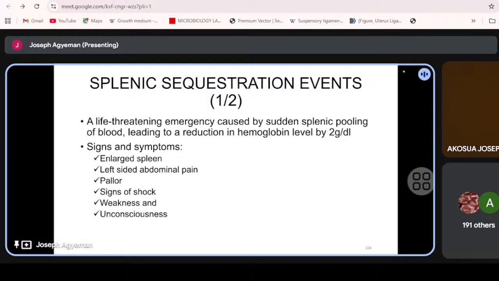And as part of the response to hemolysis, you expect to see a rebound or increased production of RBCs to try and replenish or balance what we are losing. So you get reticulocytosis, that is increased levels of reticulocytes as a response to the hemolysis. That is what happens in all hemolytic issues.